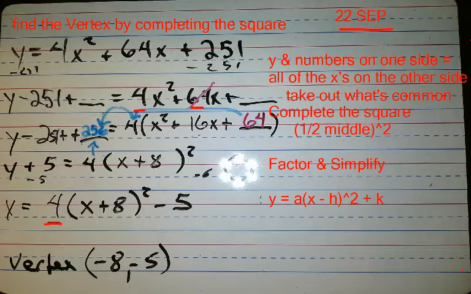This guy right here tells us that our parabola is very, very skinny, because this number here is bigger than 1. Yesterday's parabolas were all normal sized parabolas. This one is going to be very skinny because of that number right there.